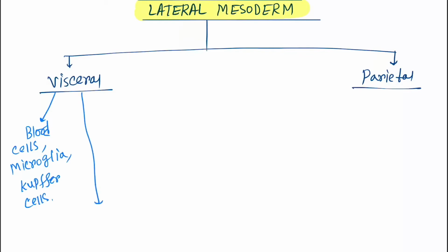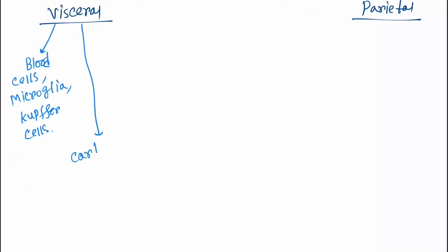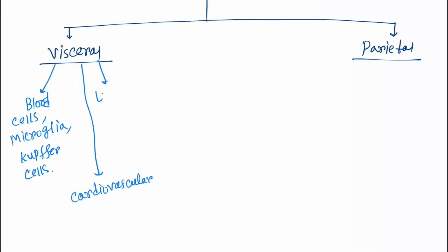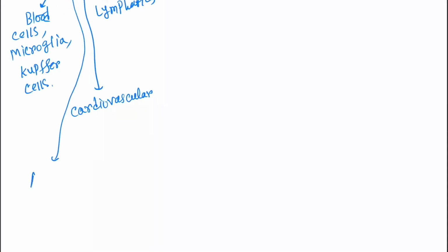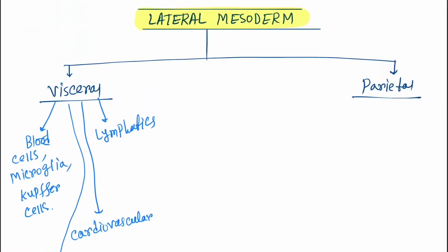Okay, and cardiovascular cells, lymphatics, next adrenal cortex, and another one is spleen.